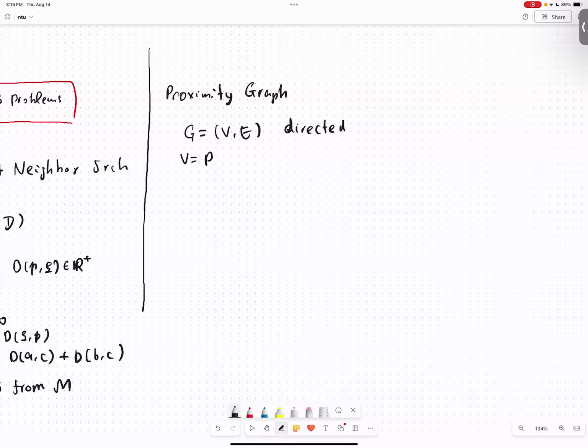And after you have given me a directed graph satisfying this property, I tell you whether or not your graph is a proximity graph, a 1 plus epsilon proximity graph. As I said, this is going to be a procedural definition.